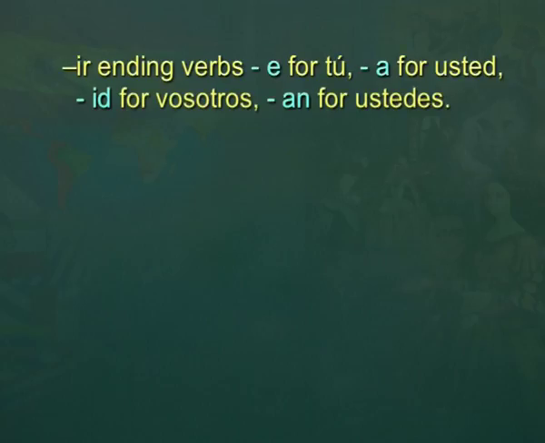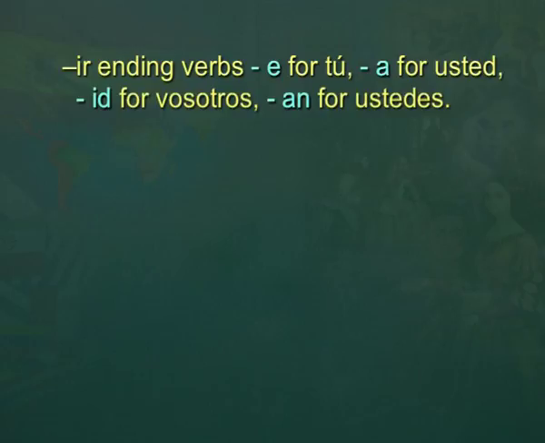Practice the other ER ending verbs in a similar way. You want to say please eat, you say come por favor in informal situation or coma por favor for usted in formal situation. Similarly, the IR ending verbs are the same, E for tu and A for usted.